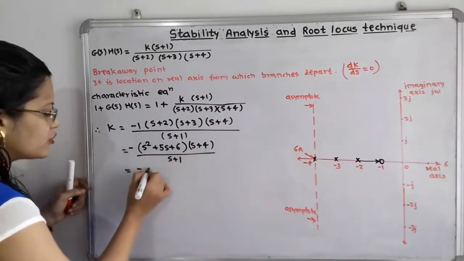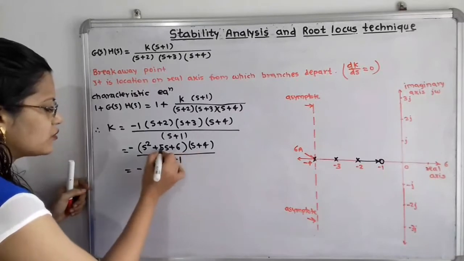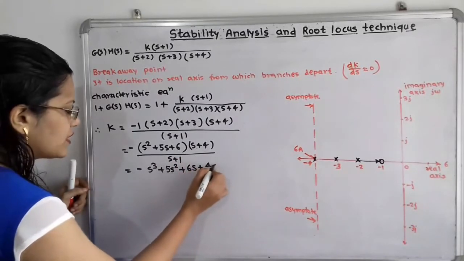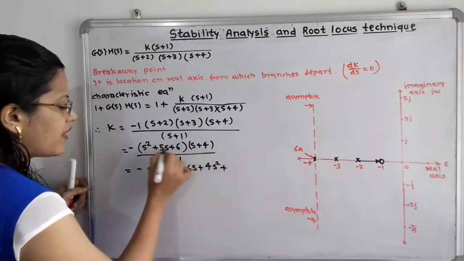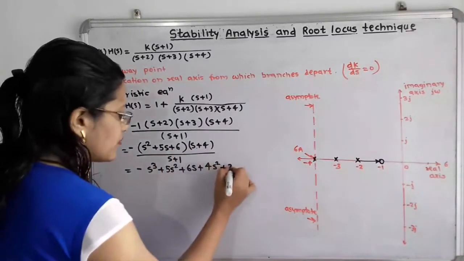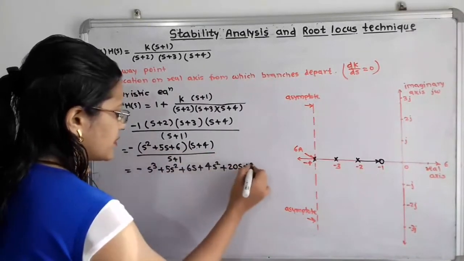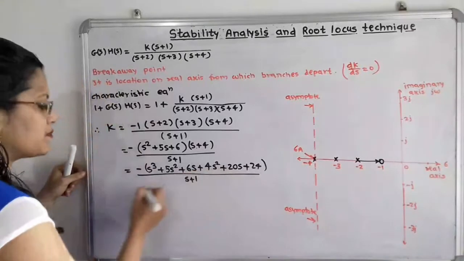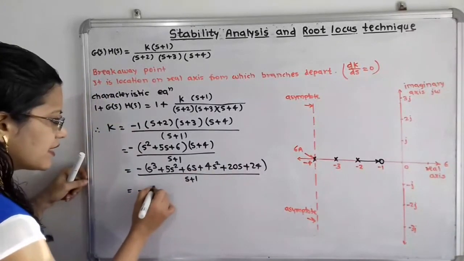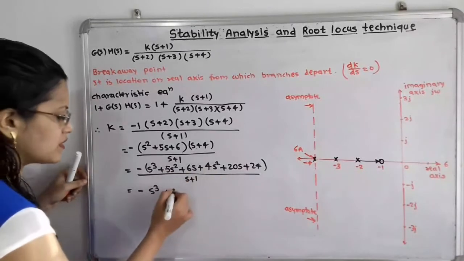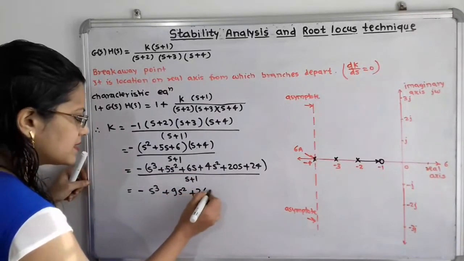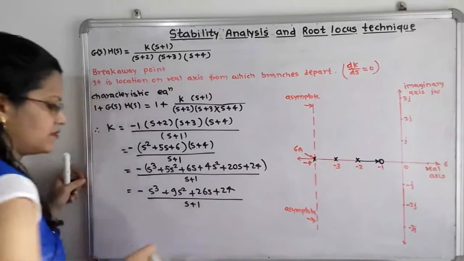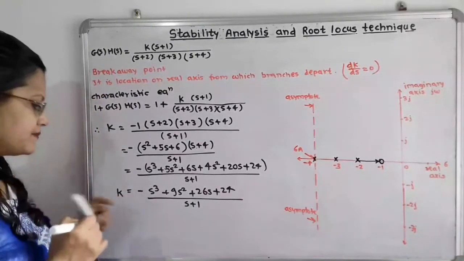So I will take s cube plus s into 5s, that is 5s square, plus 6s plus 4s square, plus 5 into 4, that is 20s, plus 24, divided by (s+1). Now again we will simplify this. So here minus s cube plus 5s square plus 4s square, that is 9s square, plus 26s plus 24, divided by (s+1). So this is the value of K.